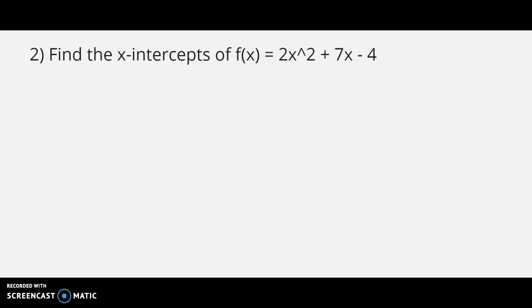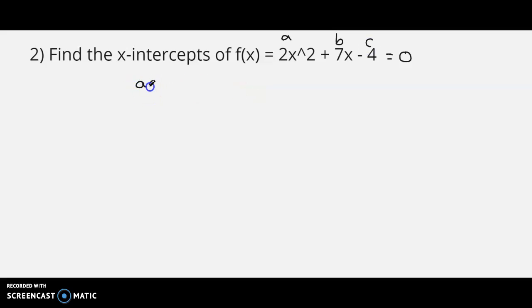This time find the x-intercepts of 2x squared plus 7x minus 4. Alright, once again, finding the x-intercepts. I don't see it, but essentially we need to set it equal to 0. Alright, and we're going to use the AC method of factoring. Notice our A term is 2, our B is 7, our C is negative 4.